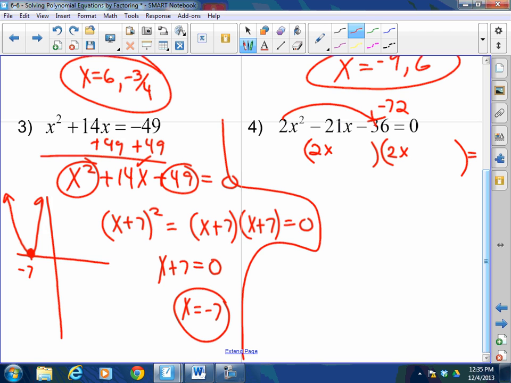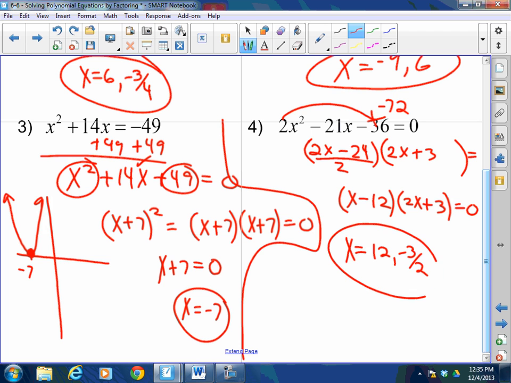All right, well, whatever. It's negative 24, positive 3. So, yeah, take out a 2. So it's x minus 12 times 2x plus 3 equals 0. So when I set them both equal to 0, x equals 12 and negative 3 halves.